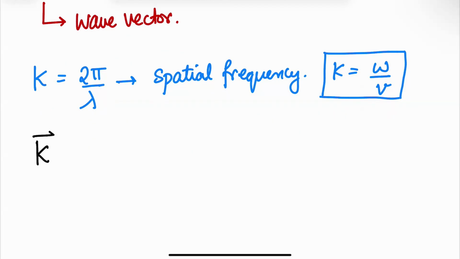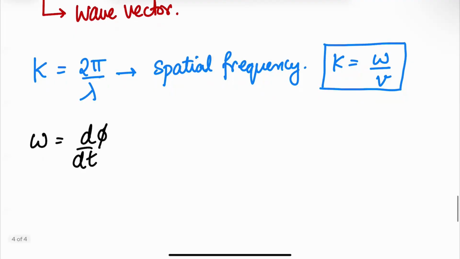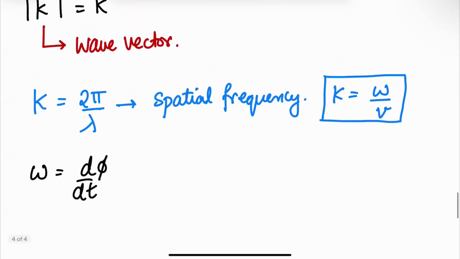So we know, for example, if you go back to the time domain, omega is nothing but the time derivative of the phase, right? That's how it's defined. That's what frequency means, really. So k should then be the spatial derivative of the phase, how fast it's changing in space. One way to represent that is to take the gradient of the phase.